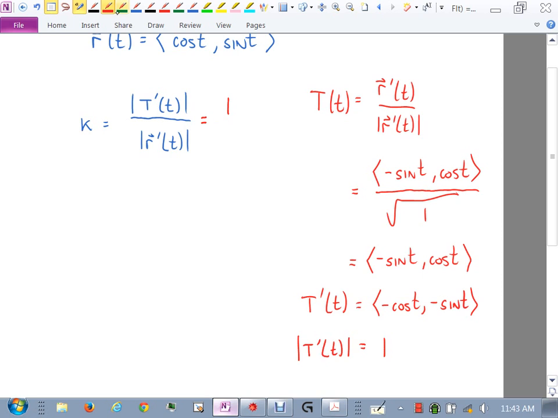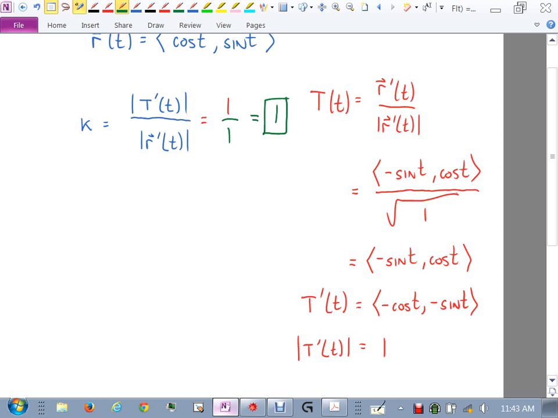What about the bottom? It was the magnitude of the derivative, which I had done right here, so it's 1 over 1. So it's 1: constant curvature. See, that formula wasn't too bad to apply, was it?